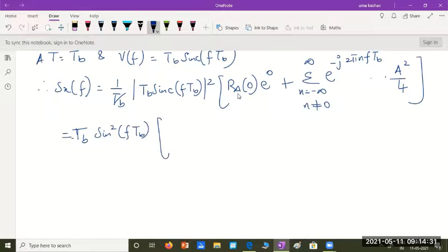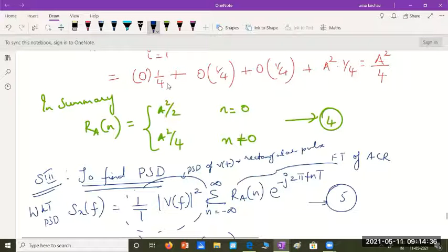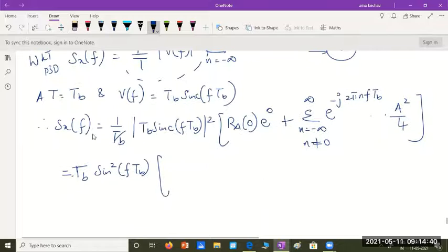And what is RA of 0? RA of 0 is this one, n is equal to 0, a square by 2. So RA of 0 would be a square by 2 plus into e power 0 is 1 plus a square by 4. I'll put it outside because it does not have any n there.